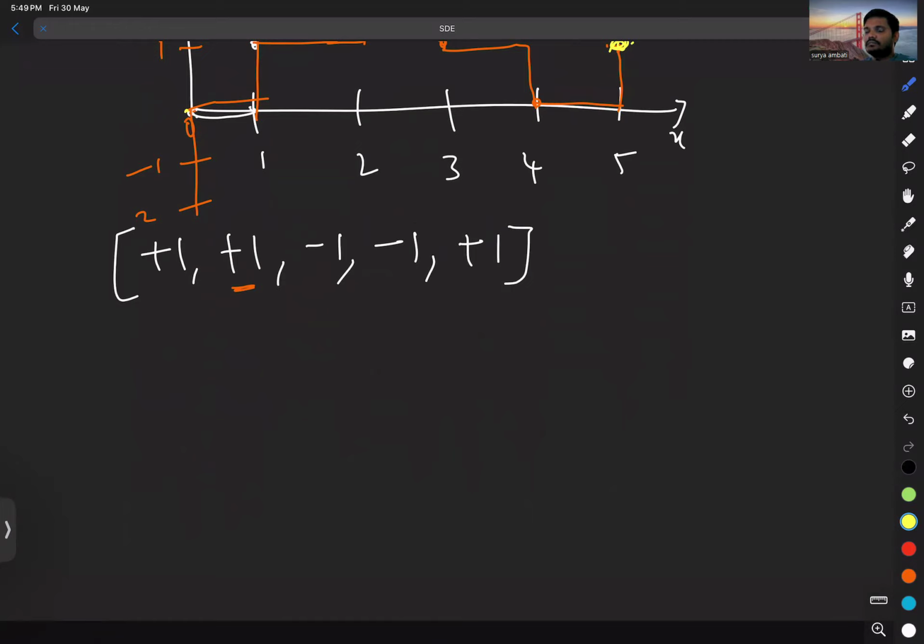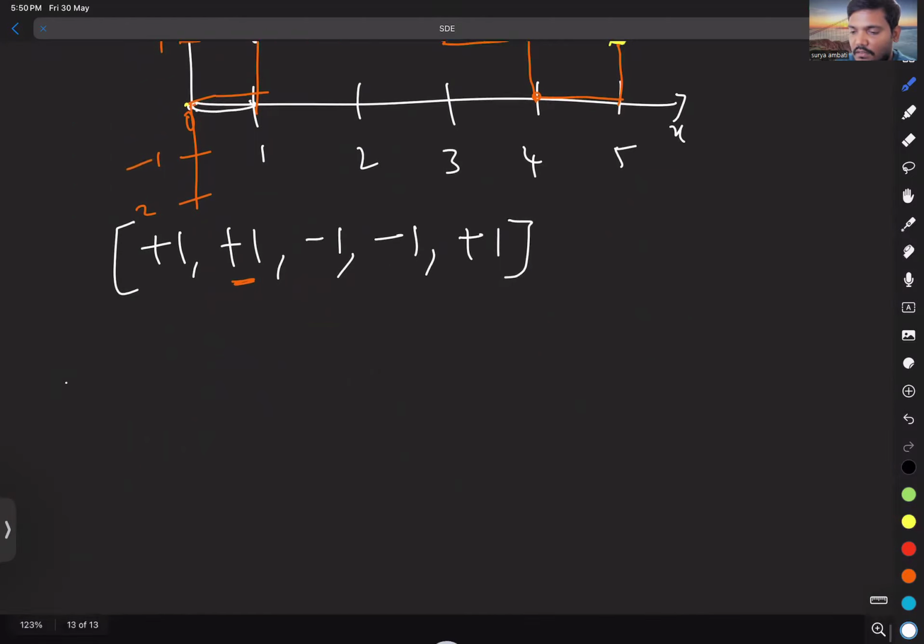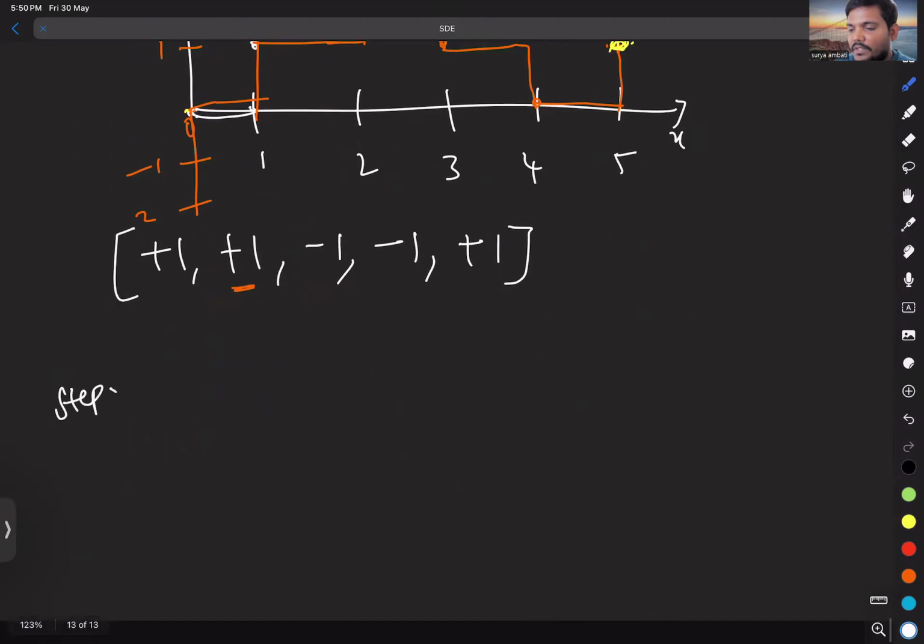Now, step 2. To get Brownian motion in a continuous way, what do we have to do? We take some time interval and divide that interval into n steps.